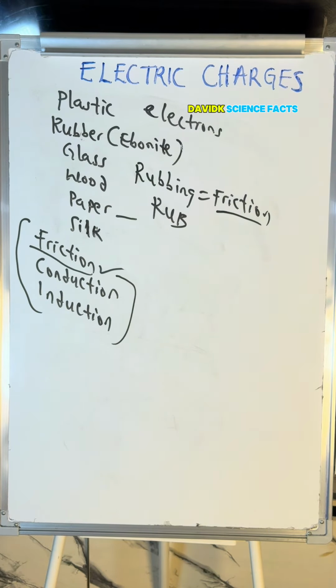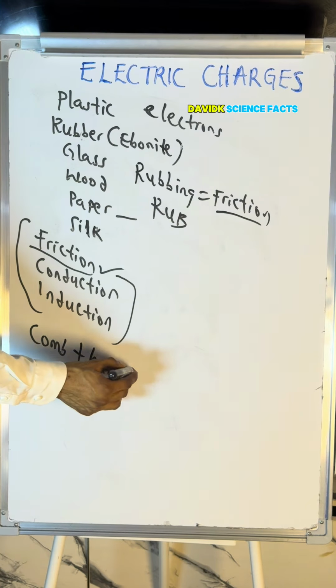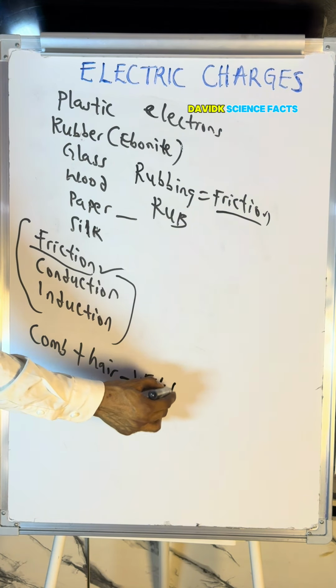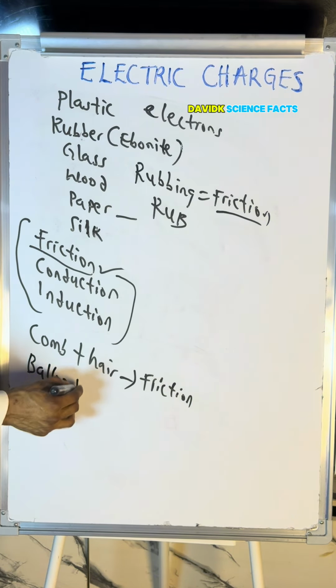What happens during friction? When two objects are rubbed, electrons move from one to another. So when it moves from one to another, one becomes positive while the other becomes negative. Examples: comb plus hair. This is an example of friction. We also have balloon plus clothes.